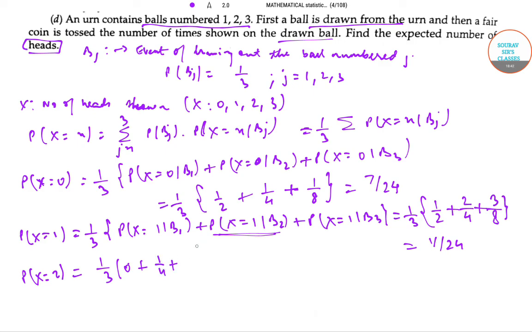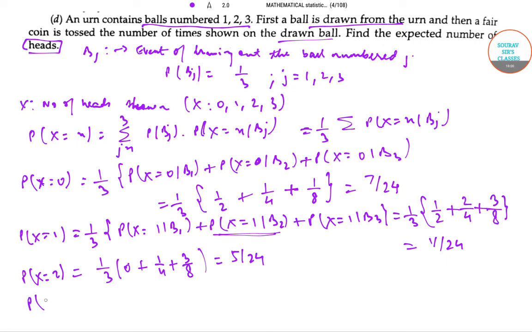And for the third ball, you toss it thrice, and the probability of getting 2 heads is 3 by 8. So this comes out to be 5 by 24.